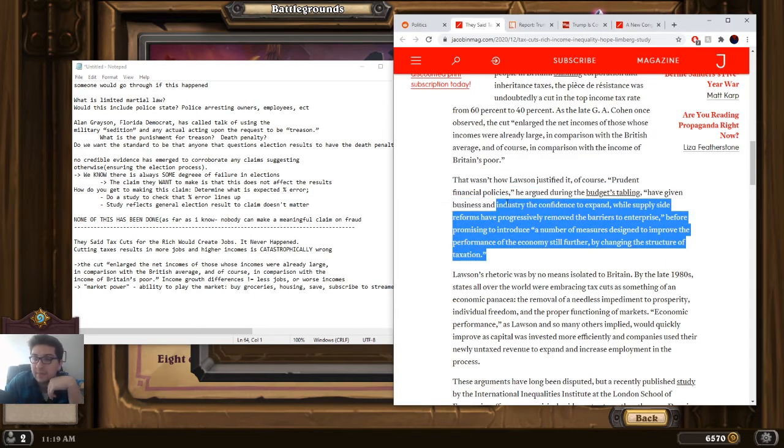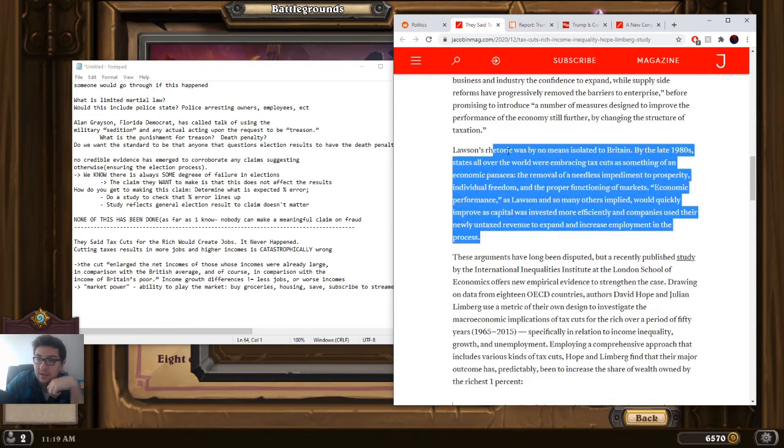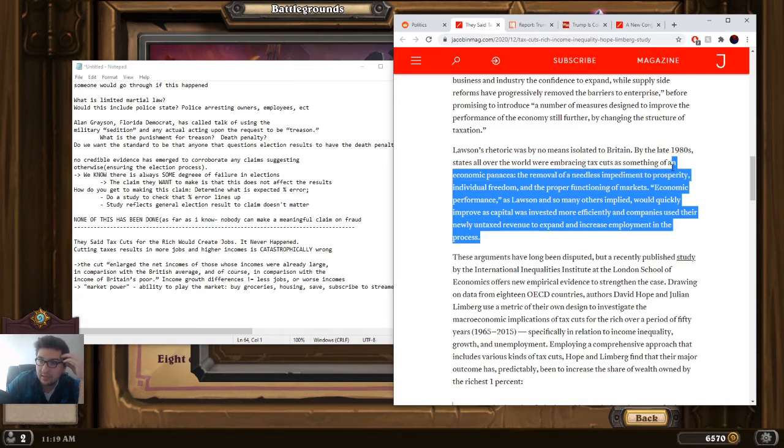All right. The government is giving interesting supply side reform, promising to introduce a number of measures designed to improve the performance of the economy. All right, so we didn't get anything meaningful there. By no means isolated, by the 90s embracing tax cuts.